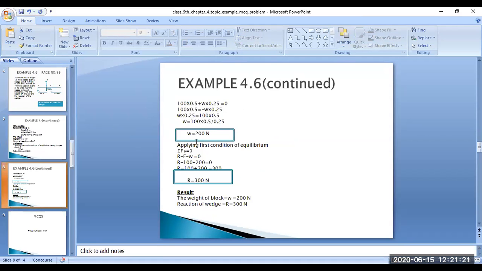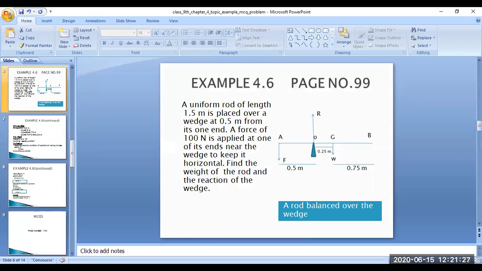Next, if I apply the first condition of equilibrium, because there is no force acting on the body along the x-axis, the summation of Fx is equal to 0. The only forces acting on the body either rotate it clockwise or anti-clockwise, or act in vertical direction.